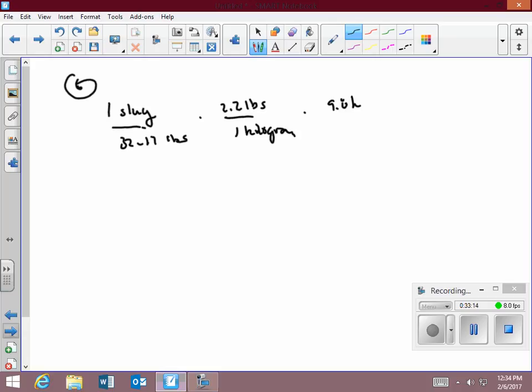9.8 kilograms, 1 hyl. Then it's like to have glugs on the top. Did I do that right? 1 slug is 32.17 pounds. 2.2 pounds to kilogram, for the hyl.